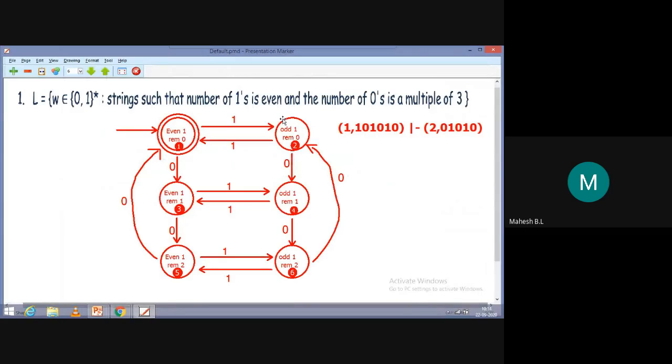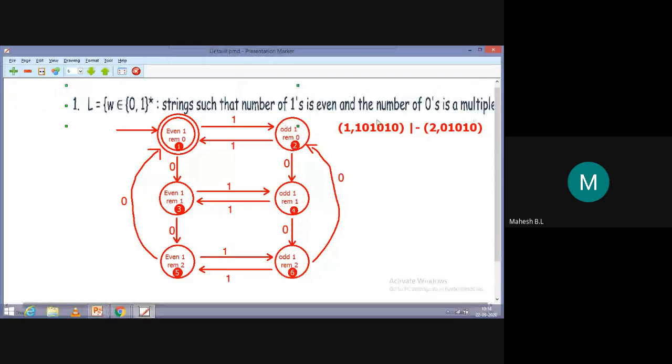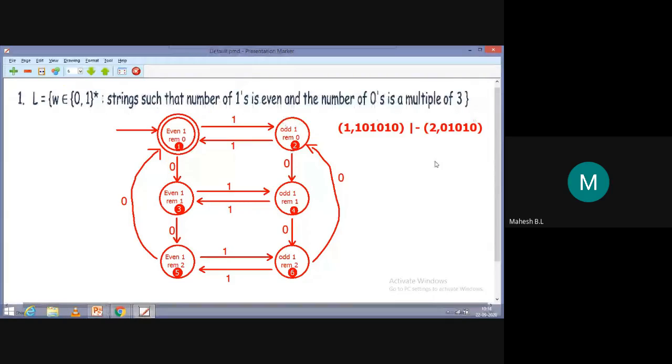Then yield: from one configuration, you get the next configuration. Then computation is nothing but a sequence of configurations from the initial configuration to the final configuration. I hope all of you understood everything.